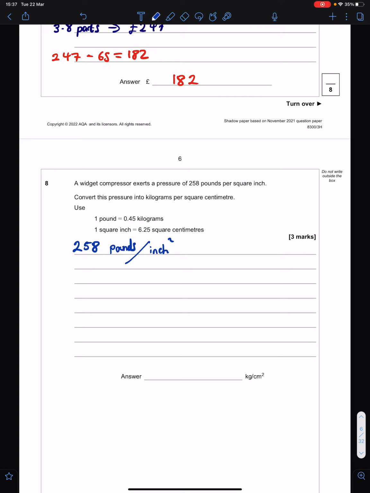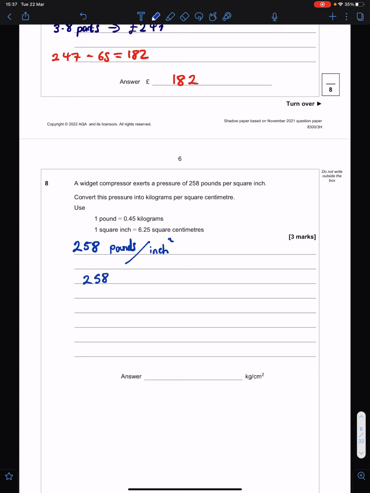Now, you've got to be quite careful with this compound measurement. So first things first, we're going to change the pounds into kilograms, and we're going to change the square inches into square centimeters. So basically what's going on here is I'm going to put 258.